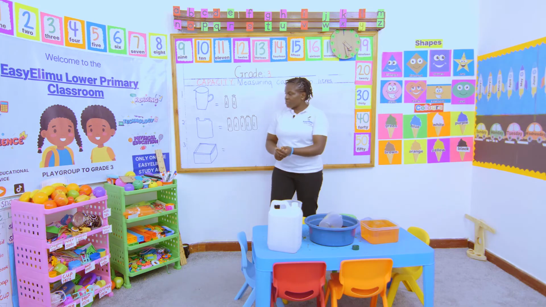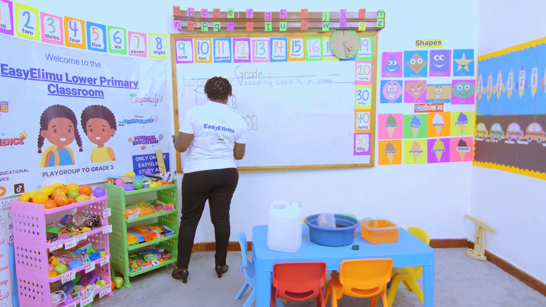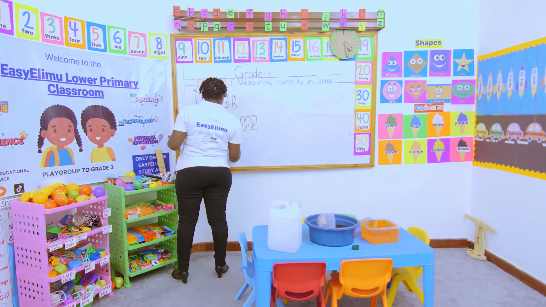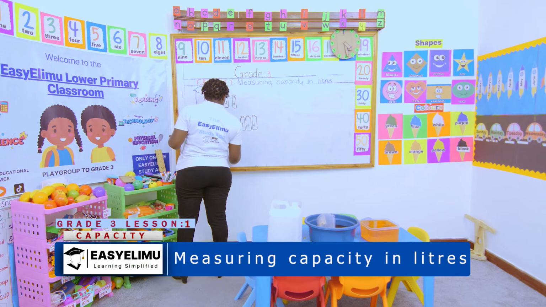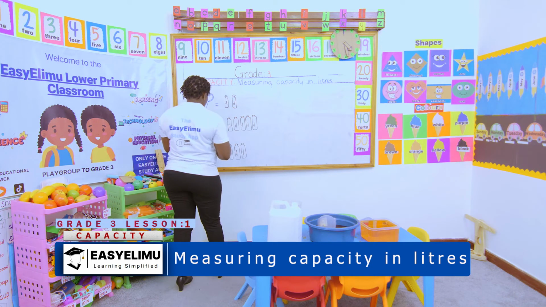So how many? We are saying 3 1 liter bottles fill the container. Nice. So we have 1 liter, 1 liter, 1 liter.